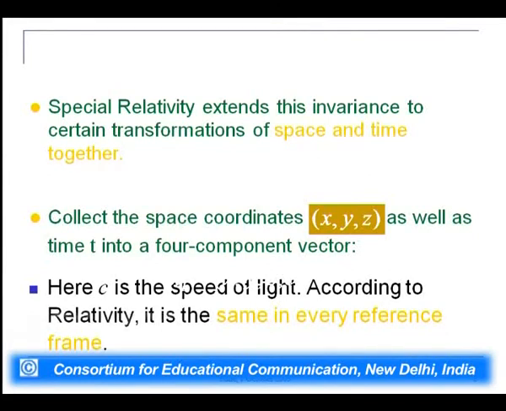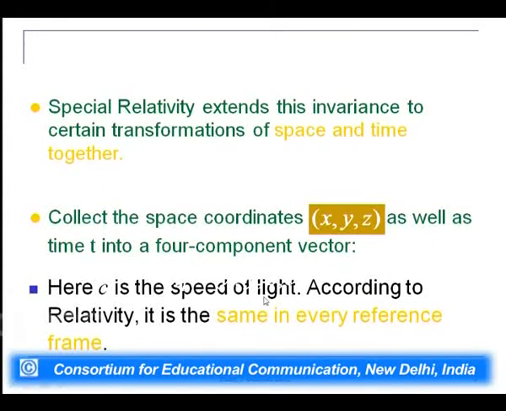He considered the space coordinates x, y, z as well as the time t as a 4-component vector. It means that if we define any body in any reference frame, it will be defined by the space coordinates as well as the time coordinate, that is, by the 4-component vector x, y, z and time t.